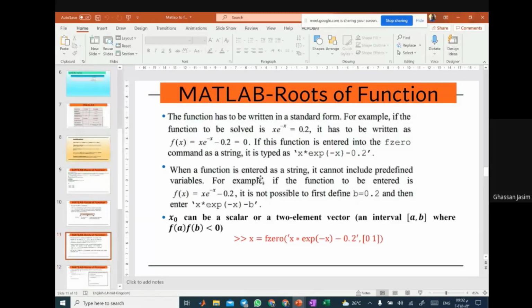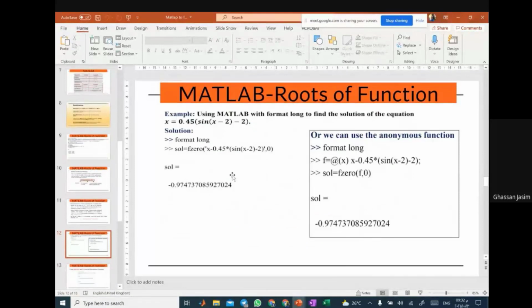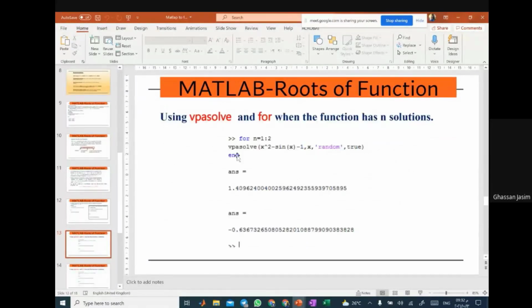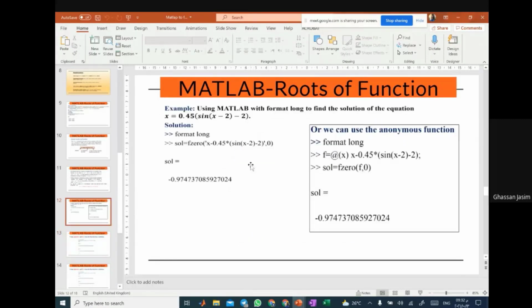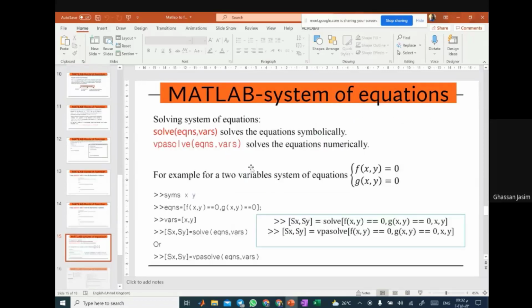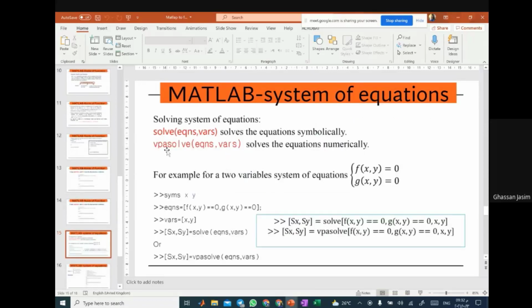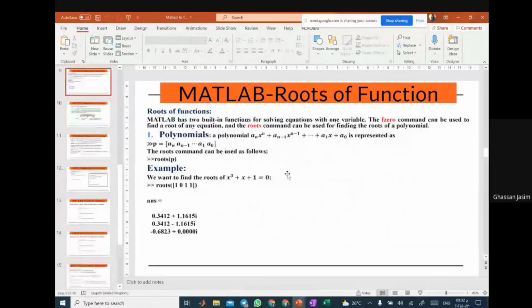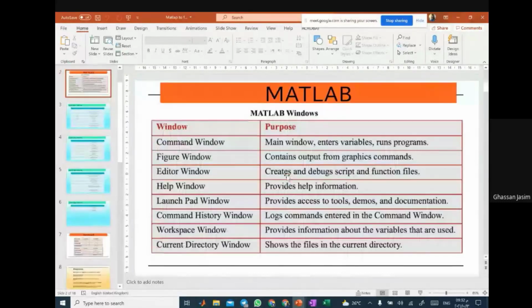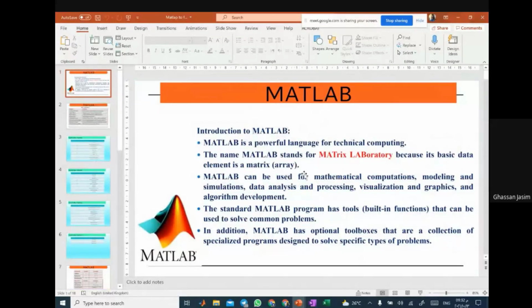We also have Solver and VBA. We have two tools. You will see it is very easy and fast to find roots using MATLAB.